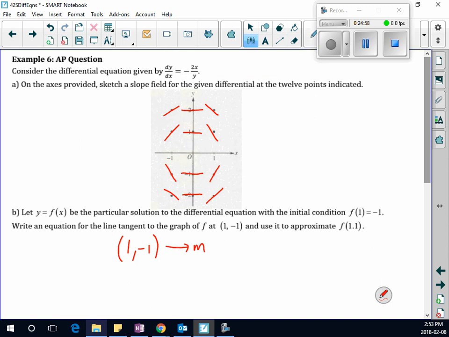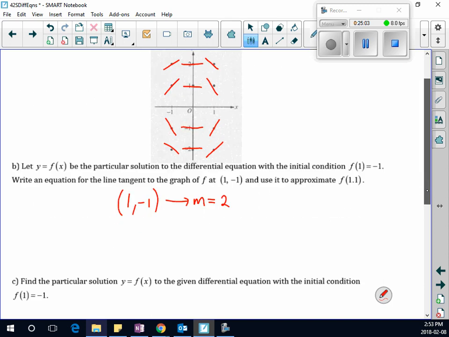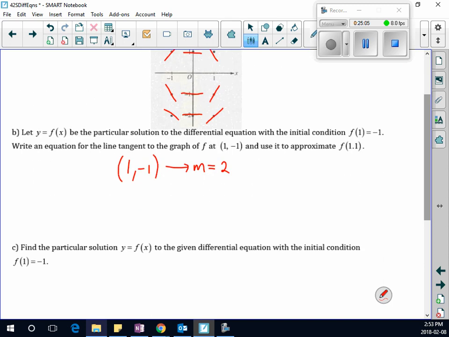So what is it? 2. Do you know how to write a slope of a tangent line? So y minus negative 1 equals 2 times x minus 1. So you can actually leave it just like that, right?